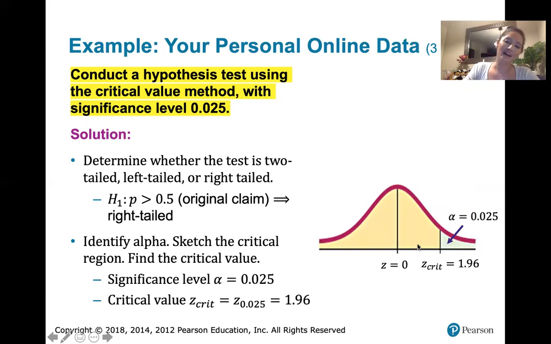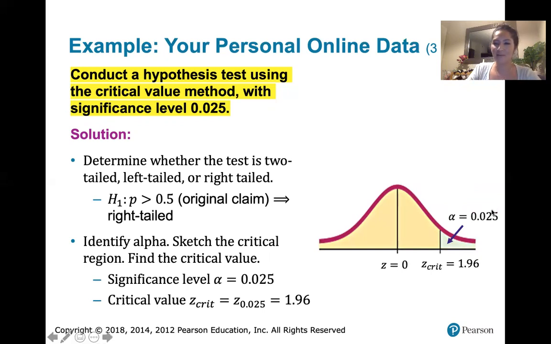Well, that means the rest of the area must be the bottom 97.5% of the area, or 0.975 is our area over there.